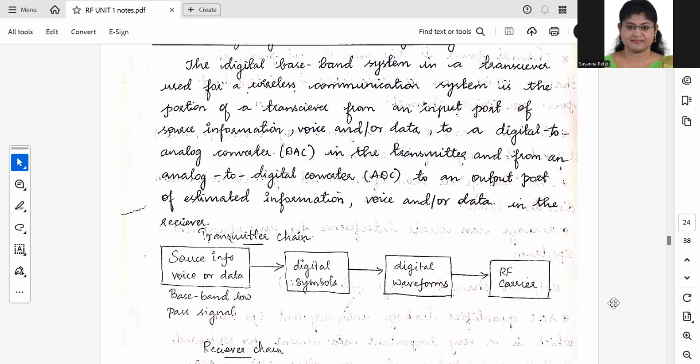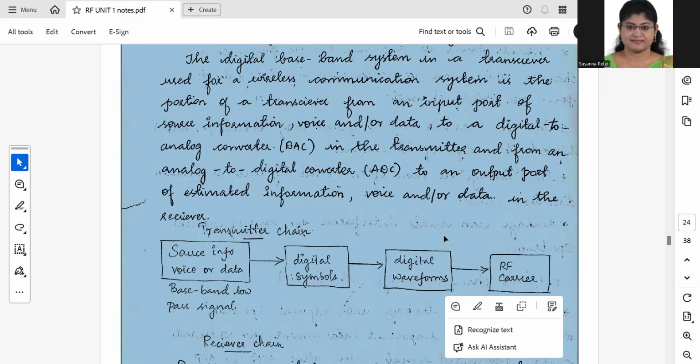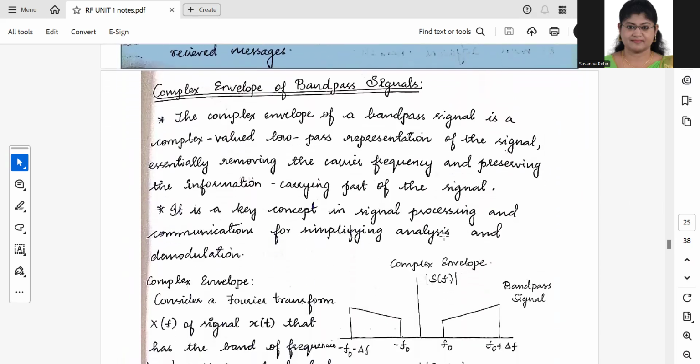Before knowing what the complex envelope of band pass signals is, you need to know what a band pass signal is. So far we were discussing baseband signals. Now we should know what a band pass signal is. A band pass signal is a type of signal whose frequency components are confined to a specific range.